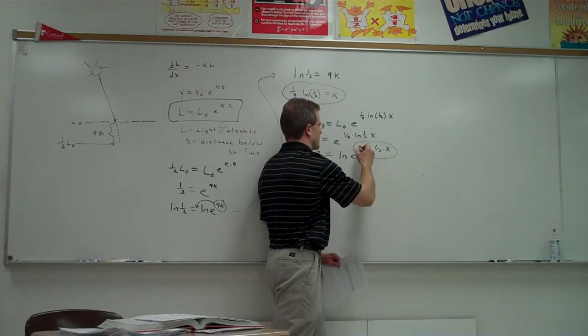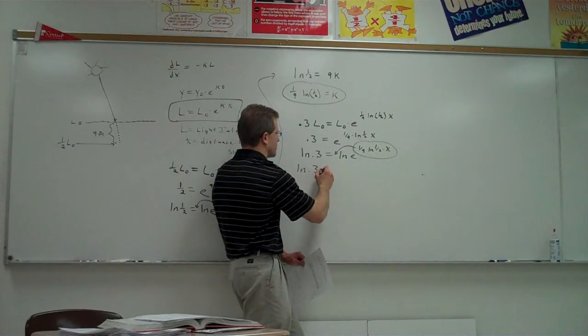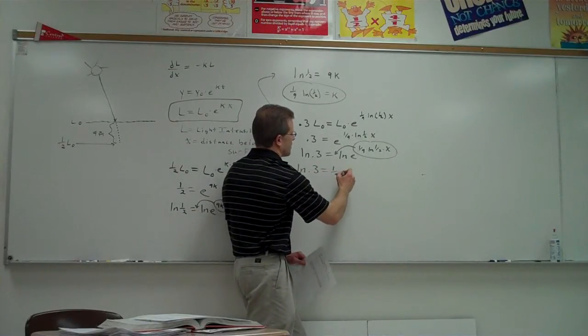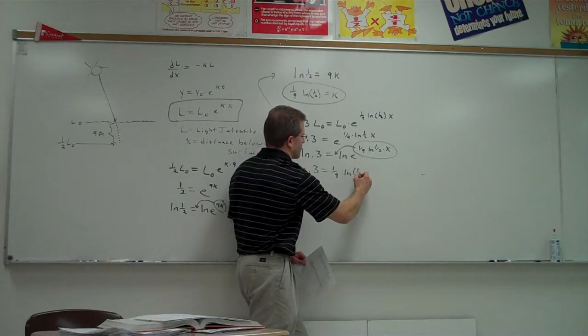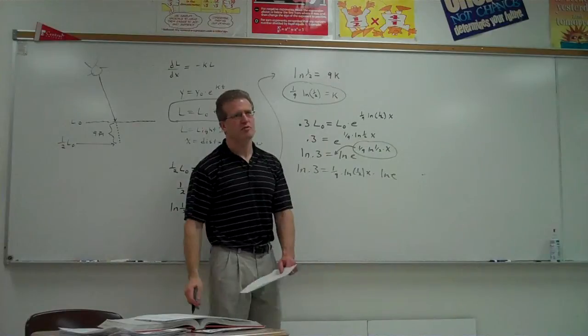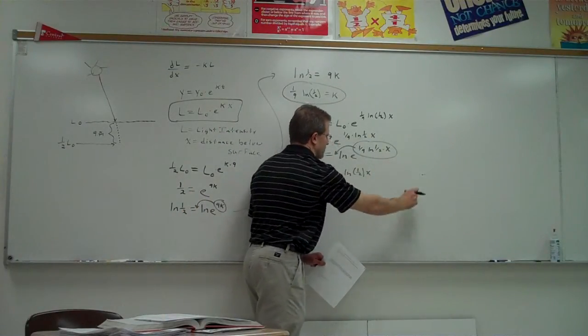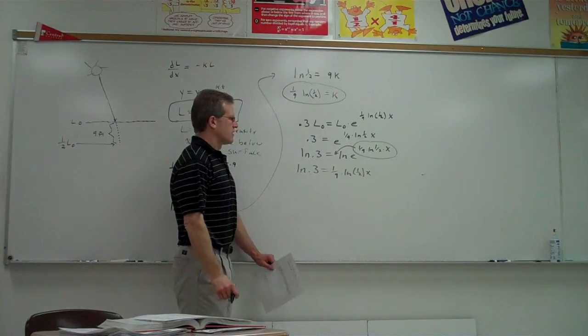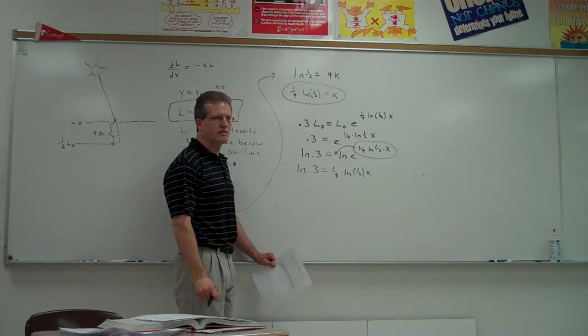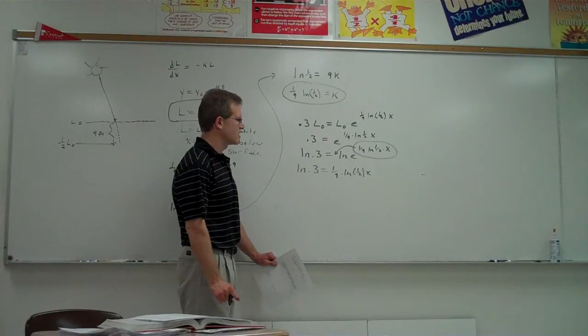Move that whole exponent out in front of the logarithm, because that's a logarithm rule. You get natural log of 0.3 equals 1/9 times natural log of a half x times the natural log of e. But we know the natural log of e is equal to 1, so we can drop that off. Any questions so far? Everybody good there? What's the next step?